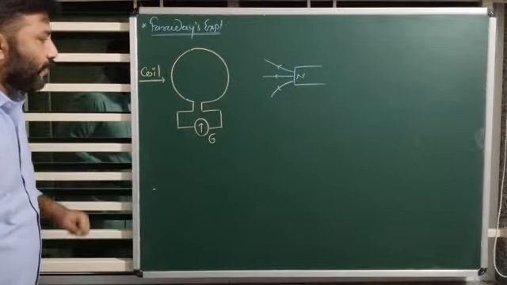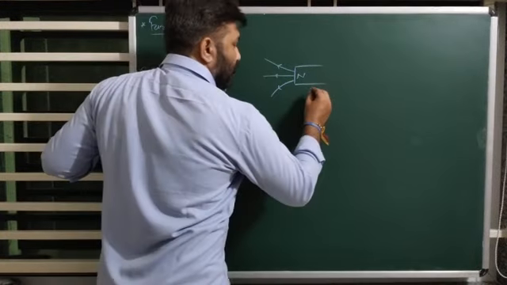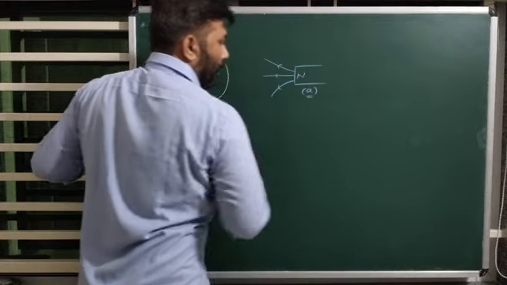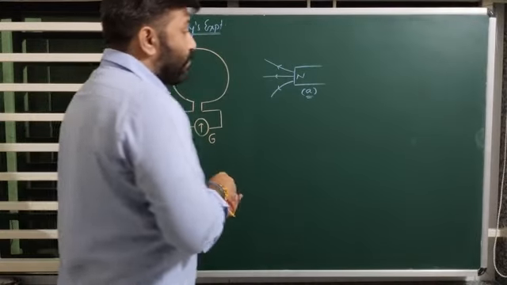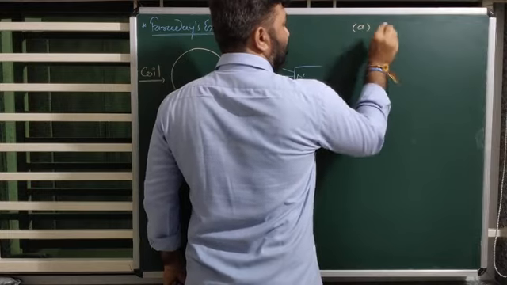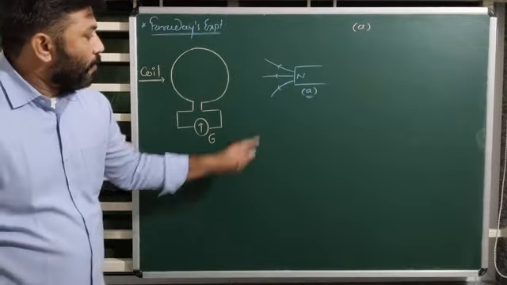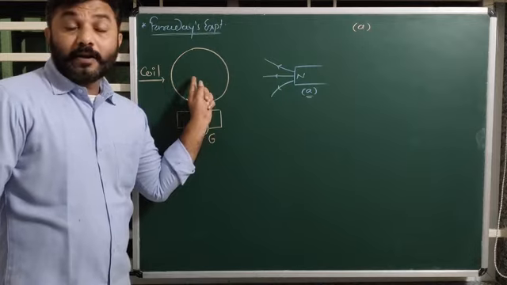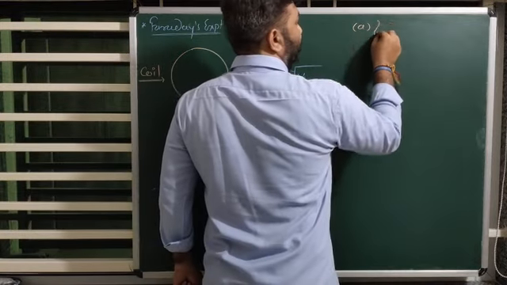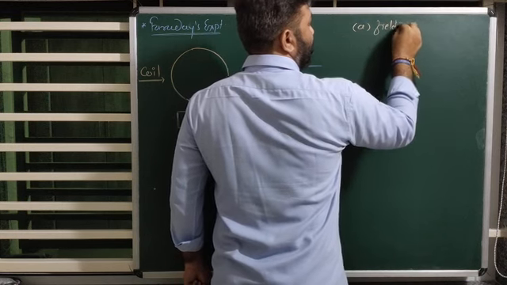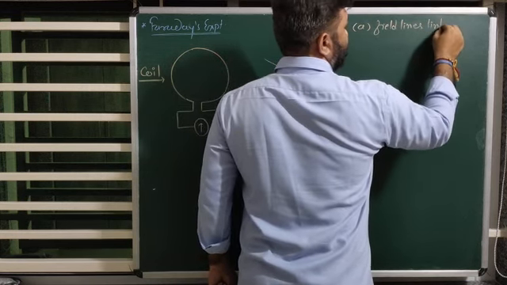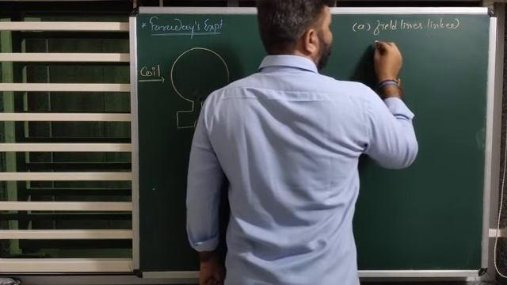Suppose we are talking about A. At this moment, when there is a condition like A, the magnetic field lines are not linked with a coil.